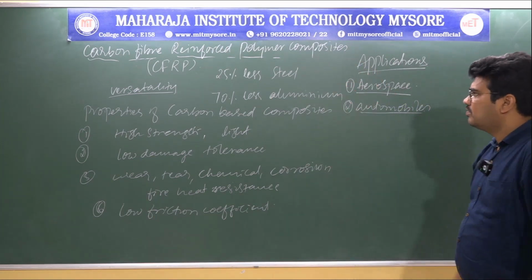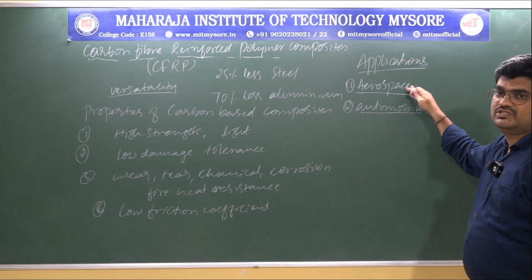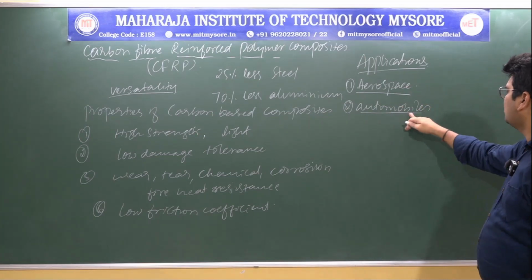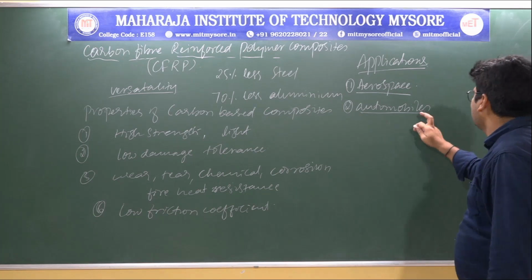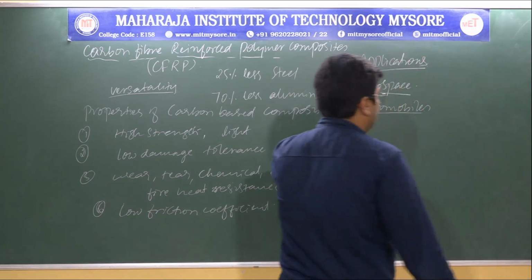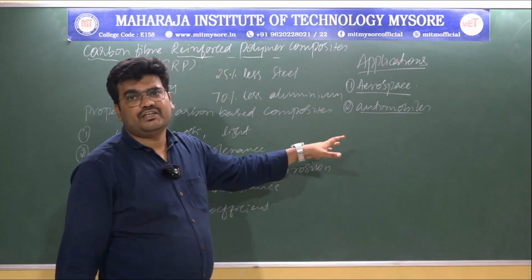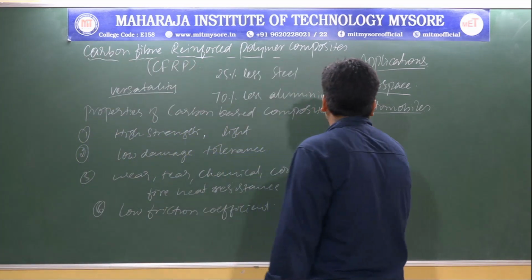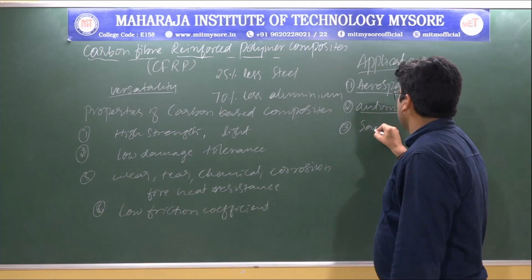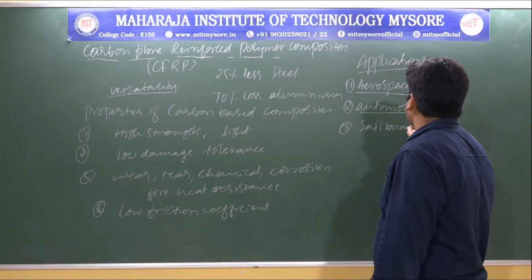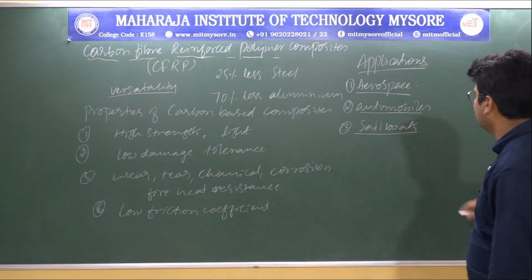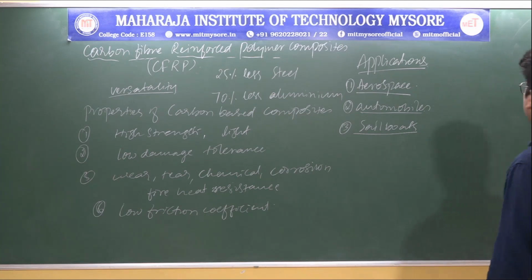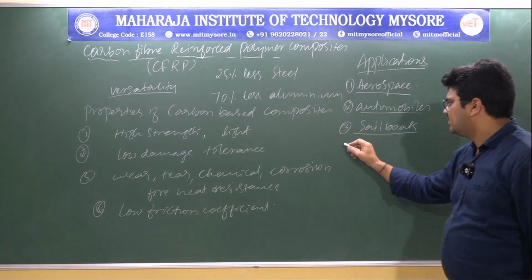In automobiles, they are used in manufacturing body panels, shafts, bumpers, gears, engine parts, etc. In sailboats, they are used in manufacturing hulls and decks.